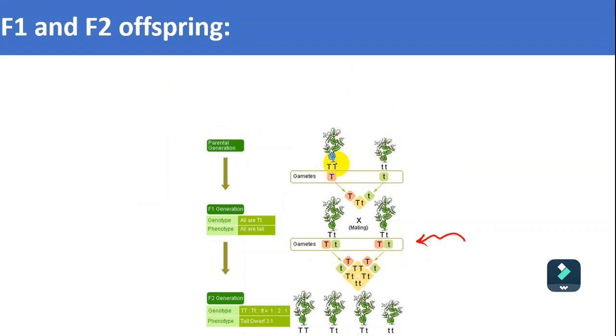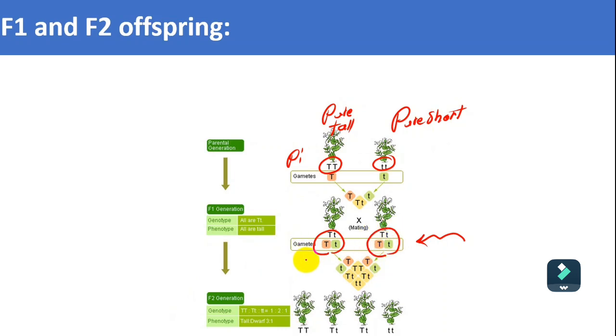For example, this is the parent. We have T capital, pure tall, and this one is T small, pure short trait. So all of the first generation is T capital T small, T capital T small.